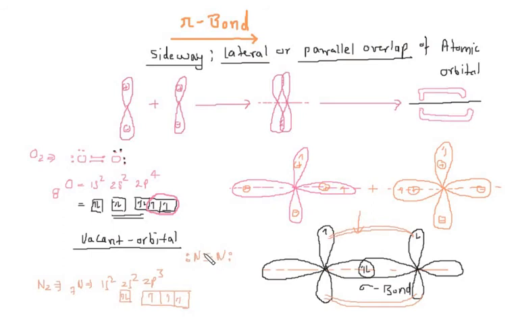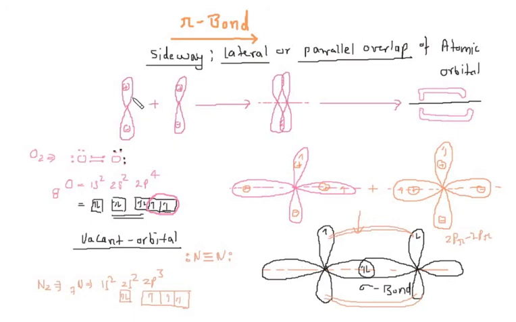So there will be 2 pi bonds. In case of oxygen, the pi bond is between 2p pi and 2p pi, because this is the limitation of the Lewis dot structure. It failed to explain the pi bond, the orbitals which are forming the pi bond. So in nitrogen you will be forming 2 pi bonds and 1 sigma bond. So you just try it on your own.